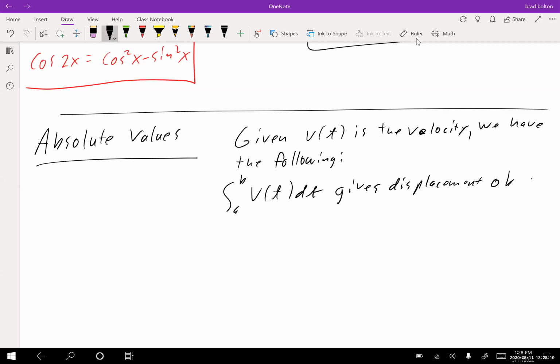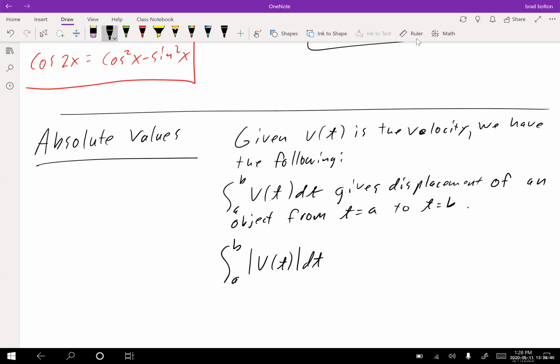of an object from t equals a to t equals b. Okay. Then we also know that the integral of the absolute value of v of t dt gives the distance.